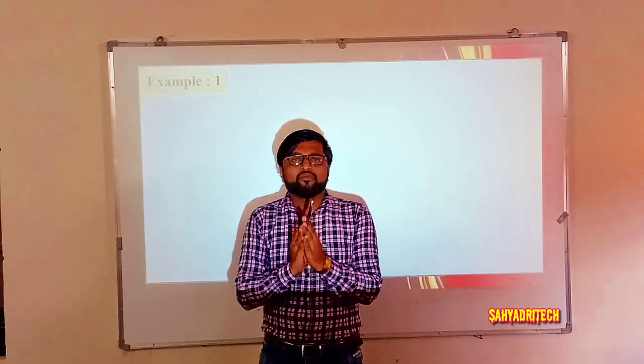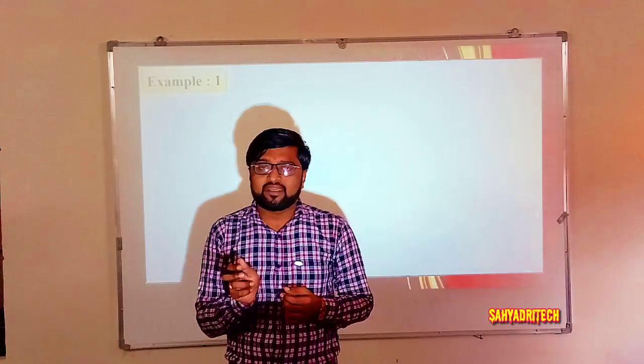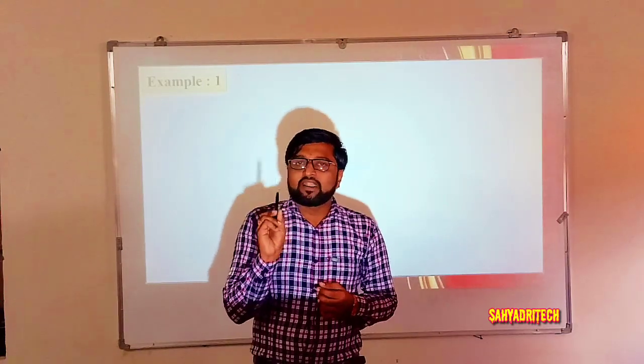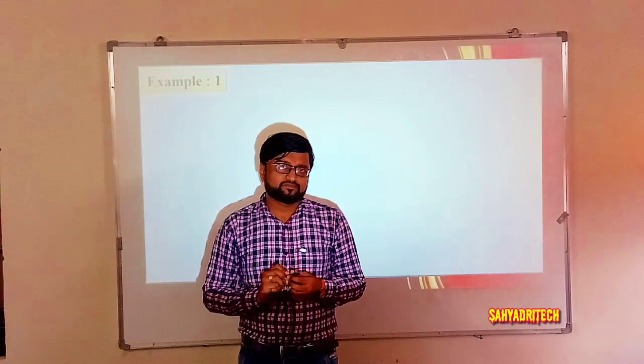Okay, so here we make a generalized form. In case of cation or anion, the number of electrons will be equal to atomic number minus charge.